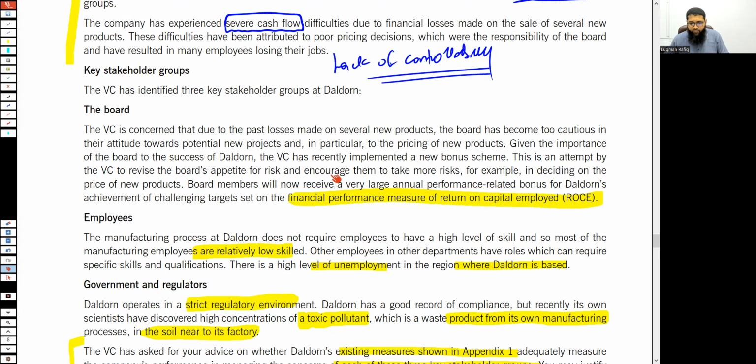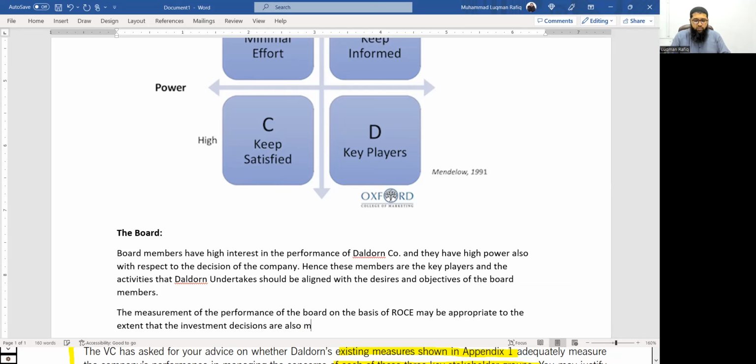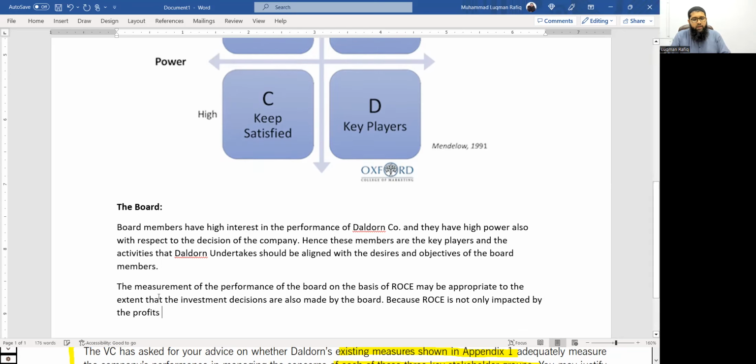Now see, the measurement of the performance of the board on the basis of ROC may be appropriate to the extent that investment decisions are also made by the board, because ROC is not just impacted by the profits, but is also impacted by the capital that has been employed, right?